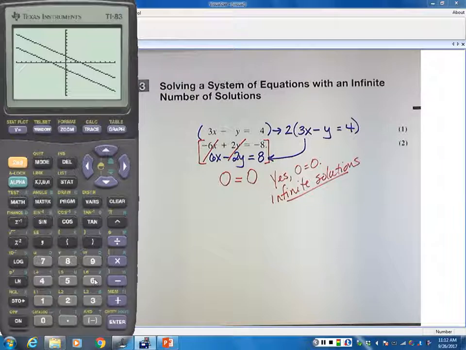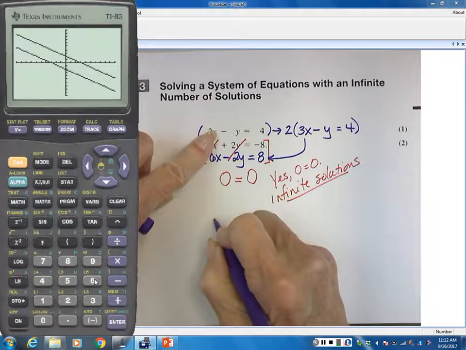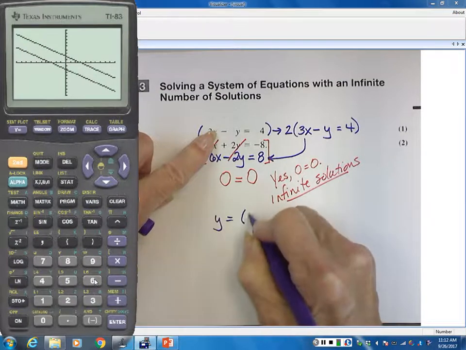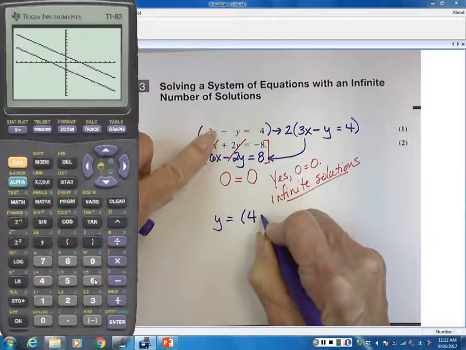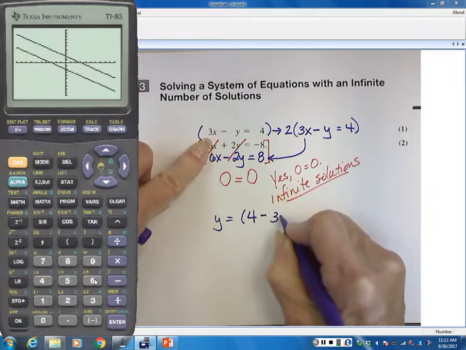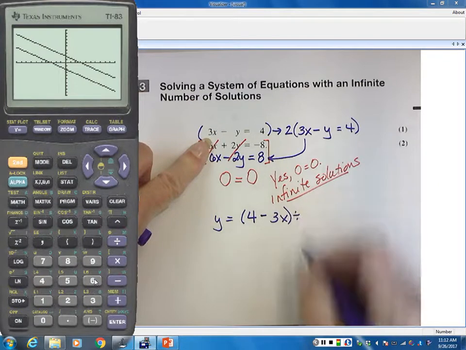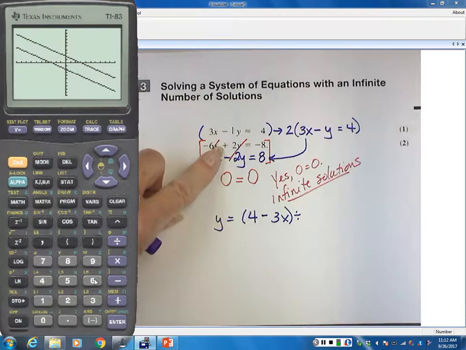And in order to see that, we're going to graph, starting off with the first one, y equals parentheses 4 minus 3x divided by the coefficient of y, which is negative 1.